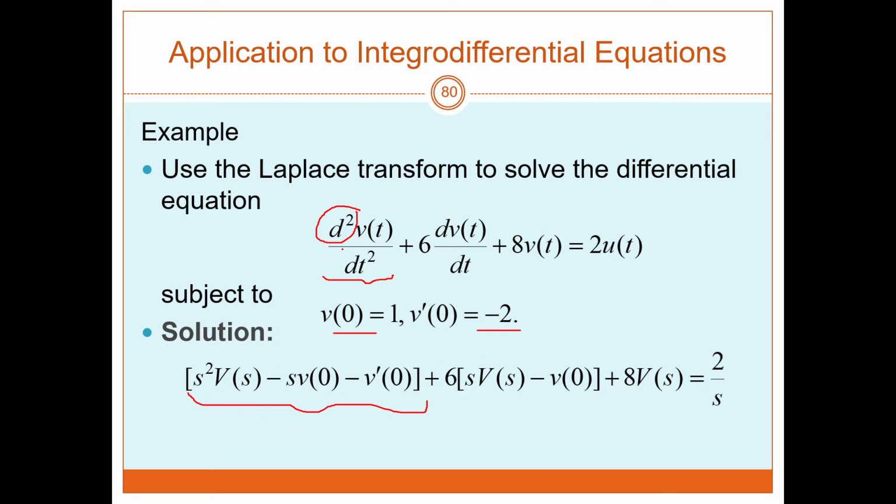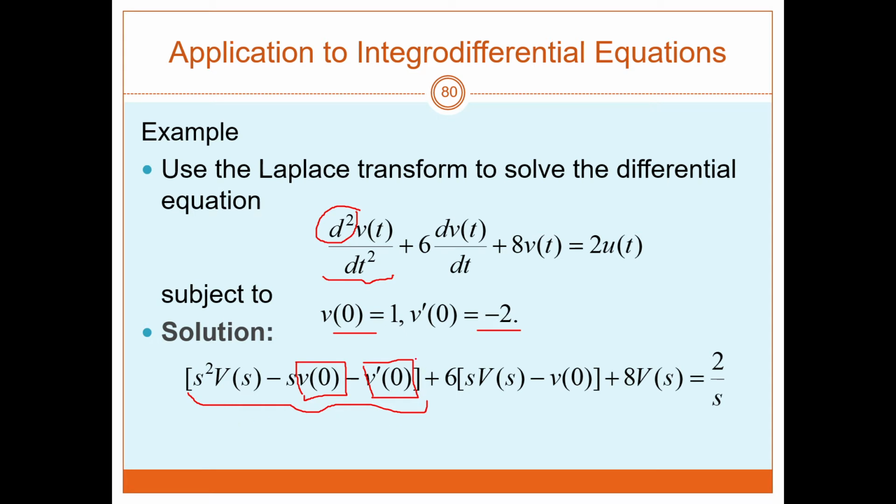Okay, d squared v(t) over dt squared is equivalent to the second derivative: s squared V(s) minus s v(0), multiplied by the initial condition, and minus v prime, the first derivative at time equal to 0. So this is stated in the table.